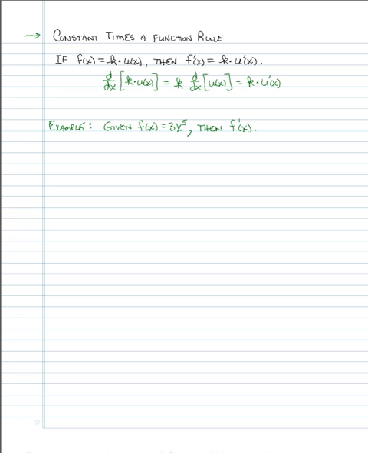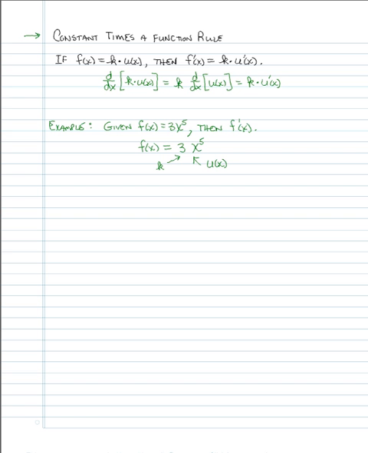At first thought, this doesn't look like this rule would apply because we don't see any extra functions walking around. But what we really have to do is imagine that 3 is actually the constant k, and that x to the 5th is actually this other function u of x.